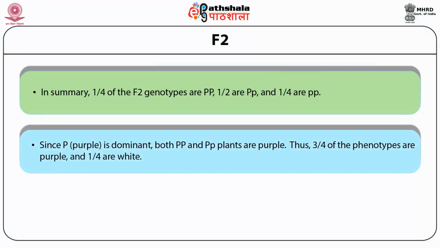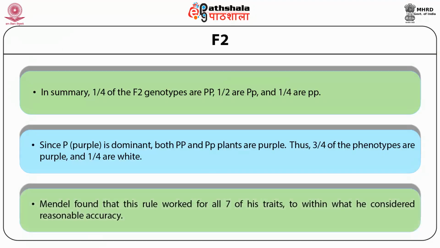Since capital P indicates purple, which is dominant, both capital P and capital P small p plants are purple. Thus, 3/4 of the phenotypes are purple and 1/4 are white.